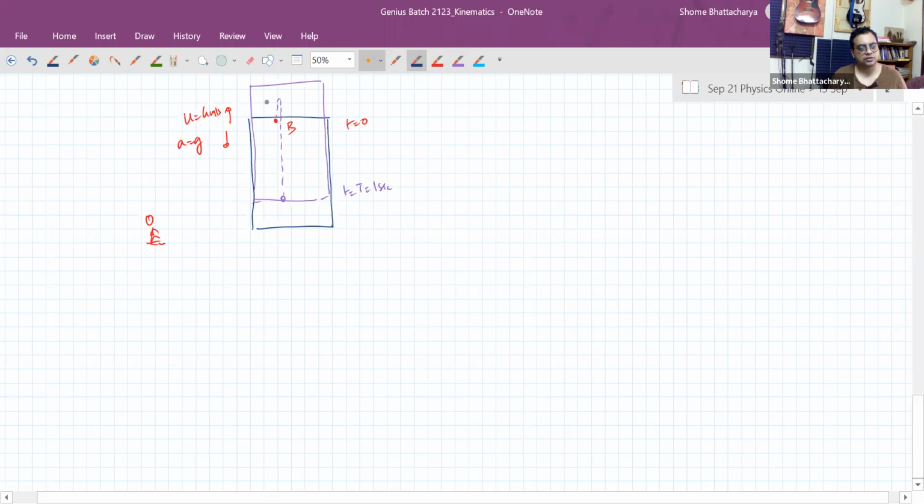So you can see that from here to here, if I write this as capital H, that is how much? U square by 2g. So it is 4 square by 2 into 10. So it is 0.8 meters.